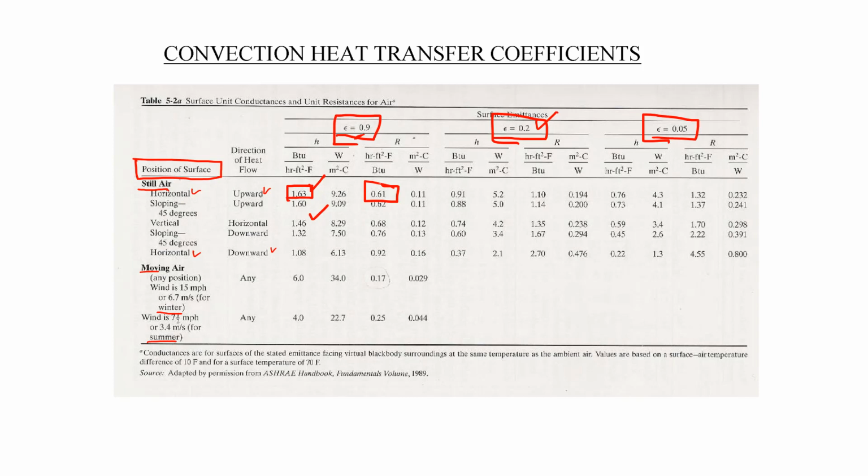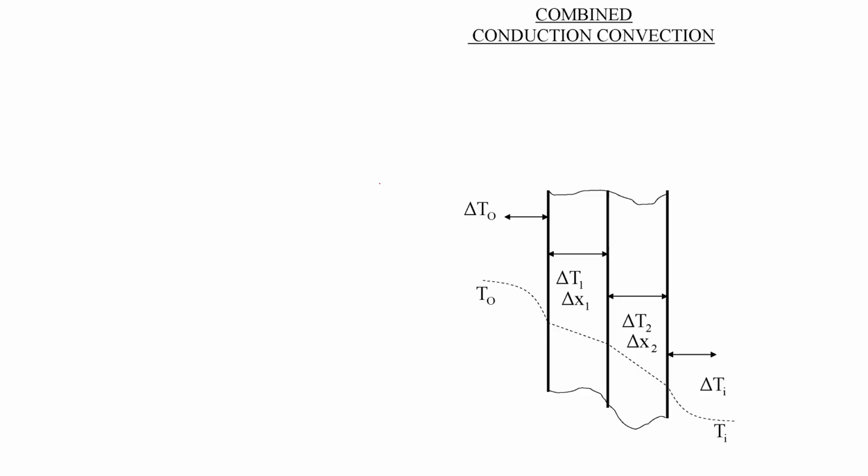Now, looking at this, let's take a quick scenario here. Let's say that I have a simple wall made up of two materials, and I have outside air that is warmer than inside air, right?